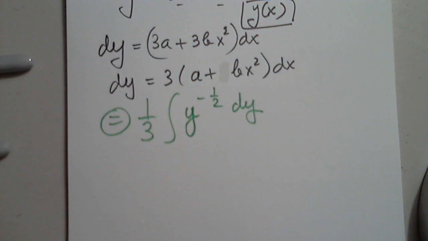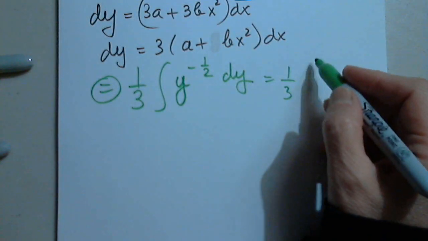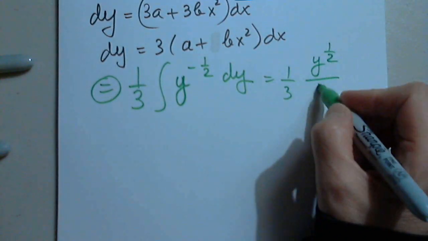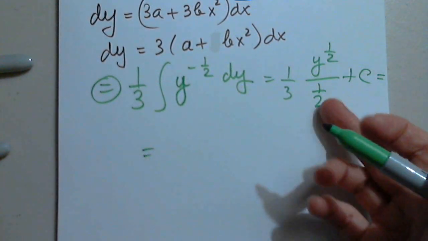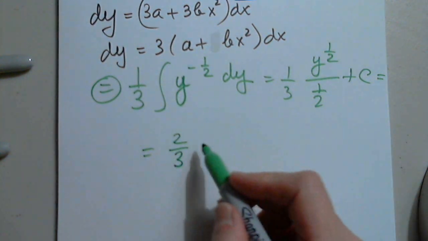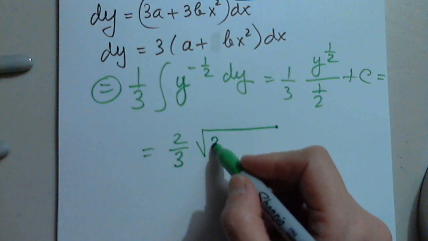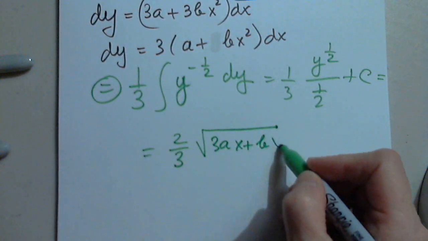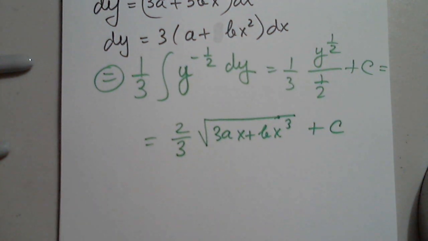Then I increased the power by 1: negative 1/2 plus 1 is y to the 1/2, divided by the exact same number, plus a constant c. And I have to flip the 1/2, so I get 2/3 times the square root of y, which is 3ax plus bx cubed, plus a constant c. Well done.